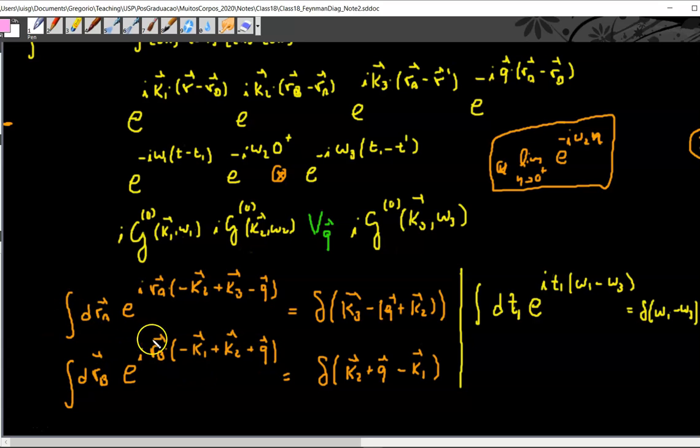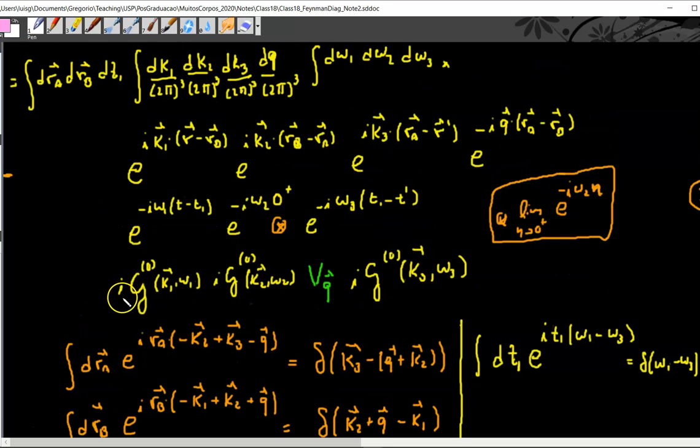Now these integrals essentially will give me delta functions when I integrate over Ra. It's going to be 0 unless this thing here is 0. And so this actually will be, in a sense, an expression of conservation of momentum at the vertices. So let's keep that in mind.